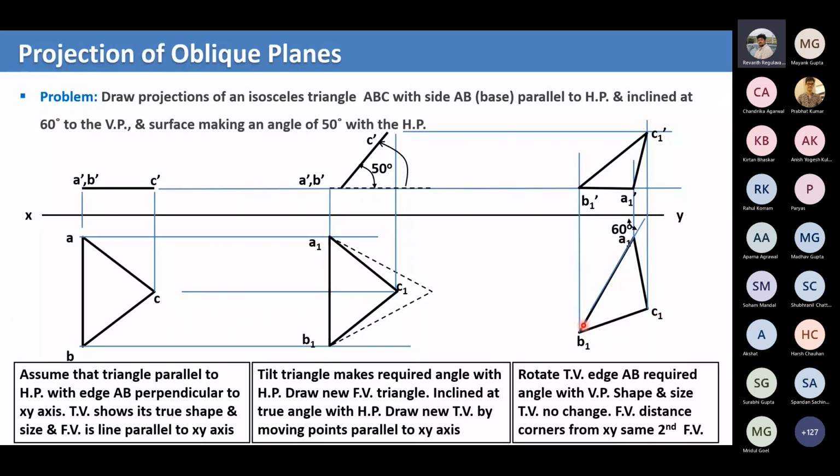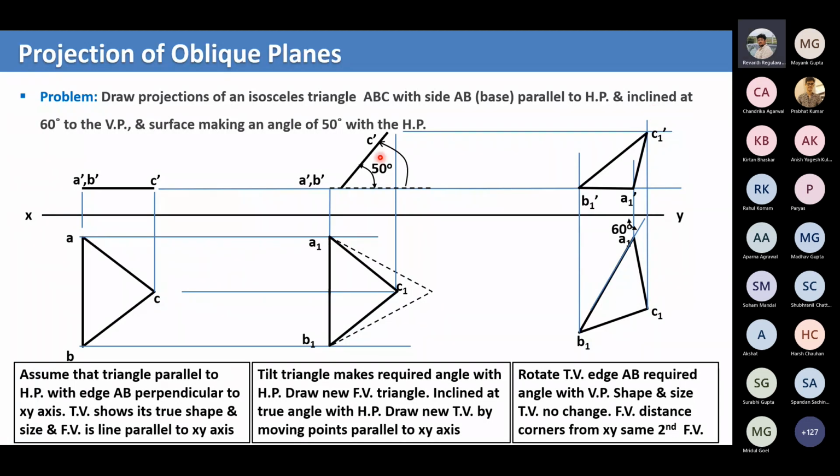Now, since you have got one of the views, this is the top view of our plane ABC. Now, from top view points, this A1, B1, C1, you just draw the vertical construction lines. These are construction lines.